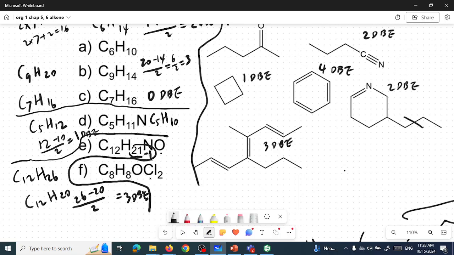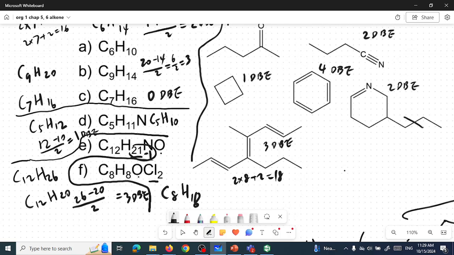For F, there's C8H8OCl2. The number of carbon is 8, so the saturated version of this molecule will be C8H, 2 times 8 plus 2 equals 18. So you should have 18 hydrogens. But this molecule only has 8, with 1 oxygen and 2 chlorines.